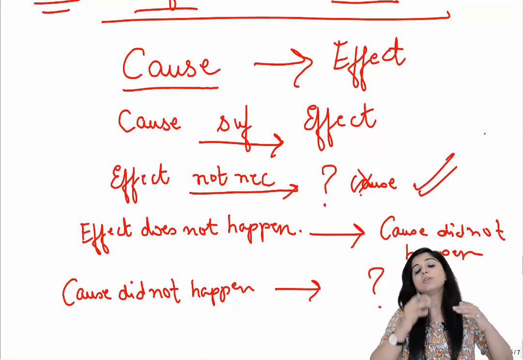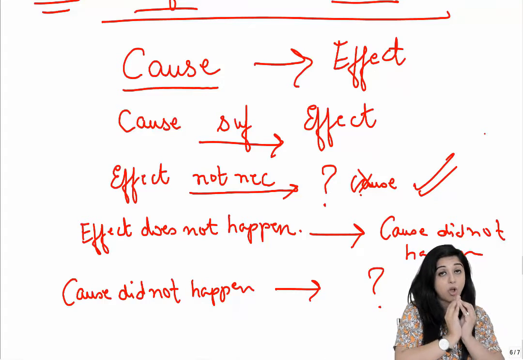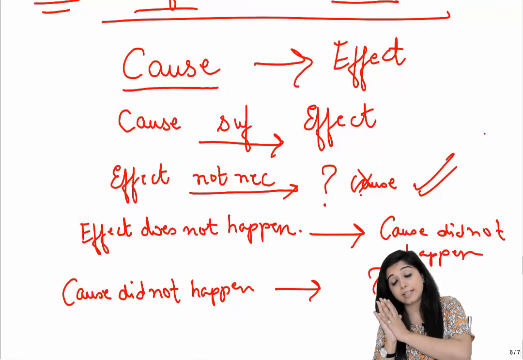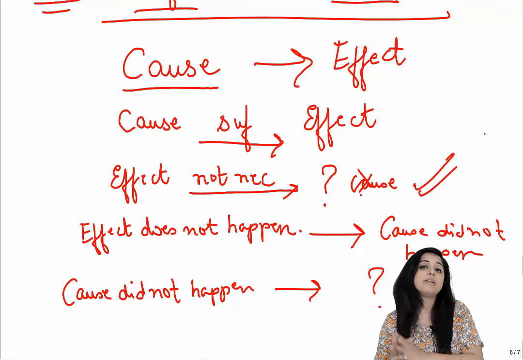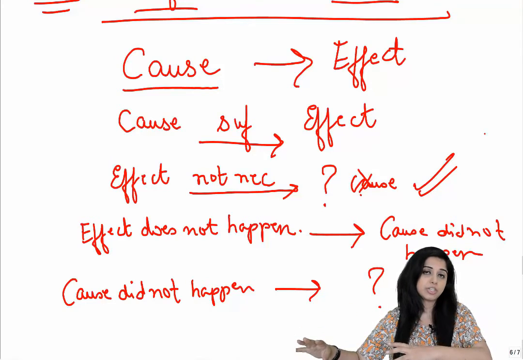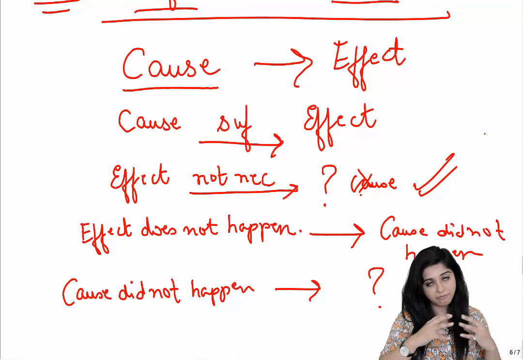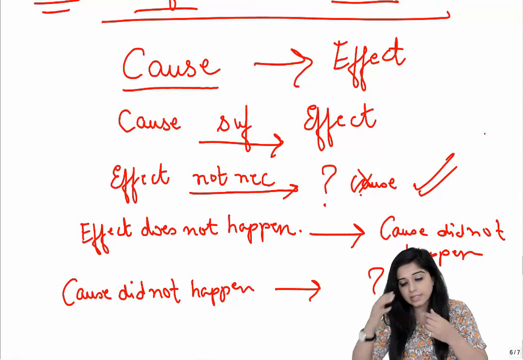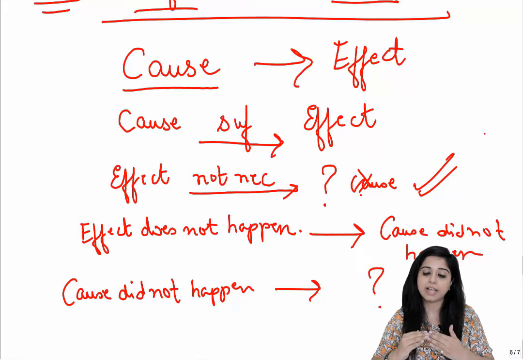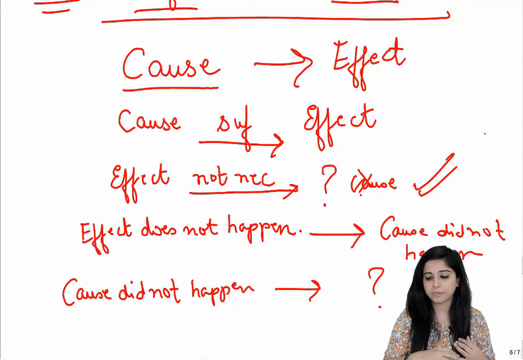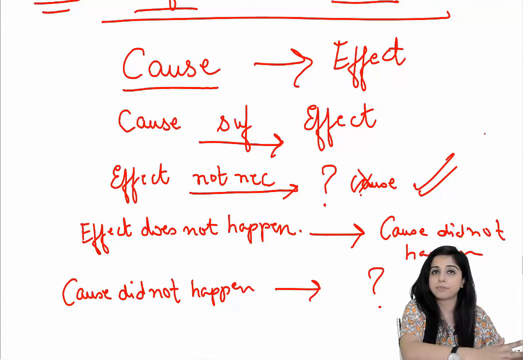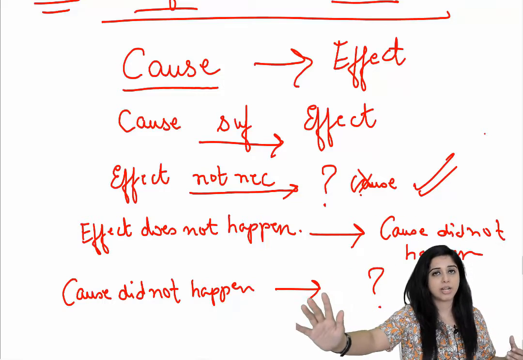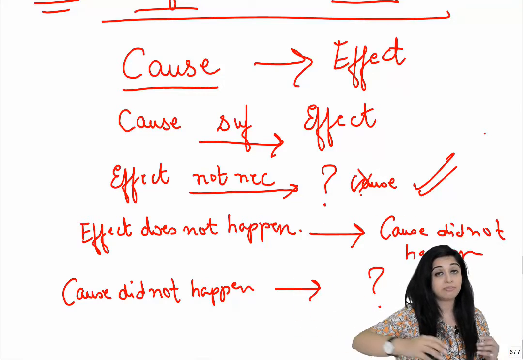Right? So look at it this way. If the cause is happening, then essentially the effect will happen. Why? Because it is a sufficient condition for the effect to happen. But if the effect is happening, it is not necessary that it happened because of the cause. Similarly, if you go to the negative side, if you see that the effect has not happened, then for sure the cause did not happen, because each time the cause used to happen, the effect used to happen.